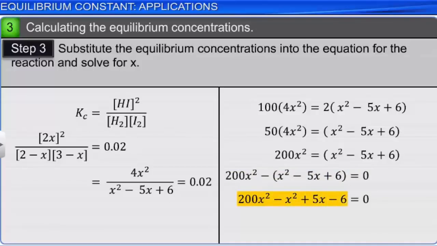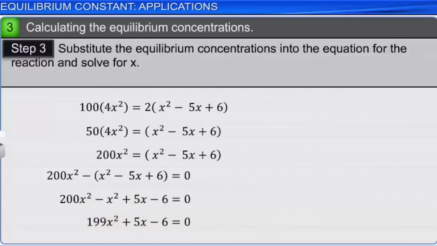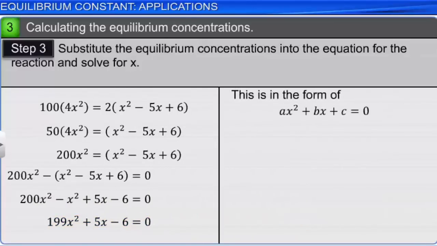This is equal to 199x square plus 5x minus 6 is equal to 0. This is in the form of a quadratic equation ax square plus bx plus c is equal to 0. In this equation, a is equal to 199, b is equal to 5 and c is equal to minus 6.